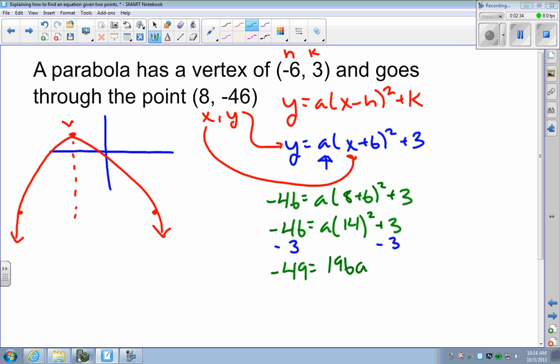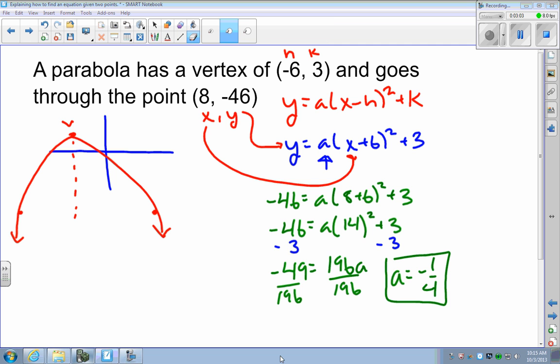It's just like saying, you would never say x2, you'd say 2 times x. So then we just divide, and we divide. You just solve for that A value. It's negative, that's good, because we know it's upside down. It's a 1/4. Okay, so that actually made it a little bit narrower, but we don't know that just because of how the points go, so we have to trust the math here.